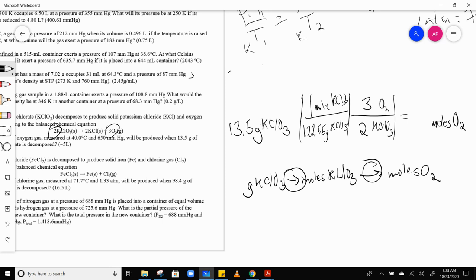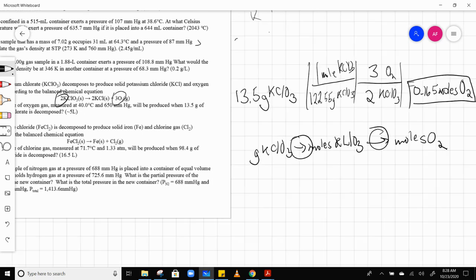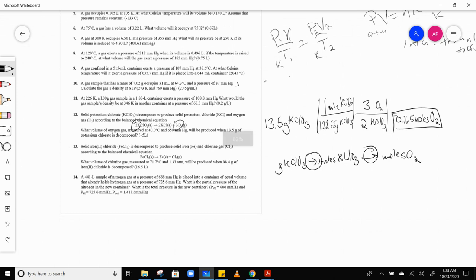And we get 0.165. Okay, that's not the end, but we need that. Now we know how many moles of O2 we can make.